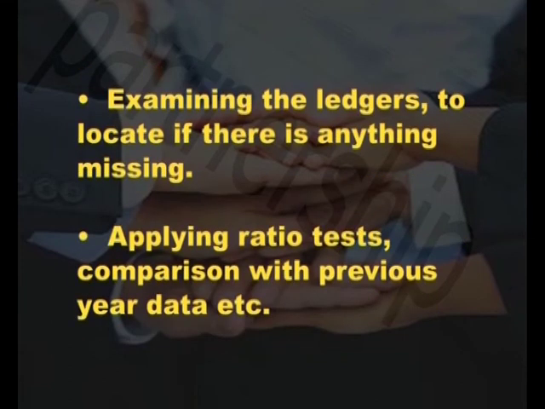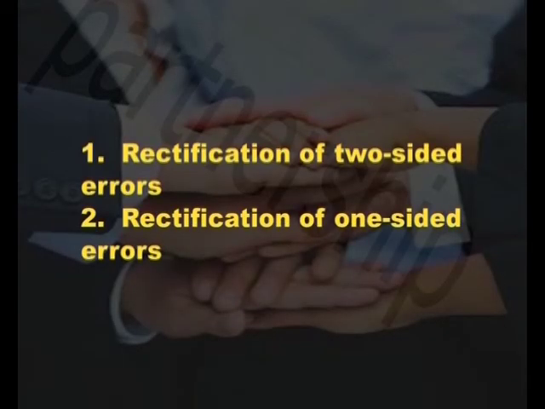Examining the ledgers to locate if there is anything missing. Applying ratio test, comparison with previous year data and so on. Rectification of errors can be divided into two parts. Rectification of two-sided errors, that is the first one, and the second one is rectification of one-sided errors.